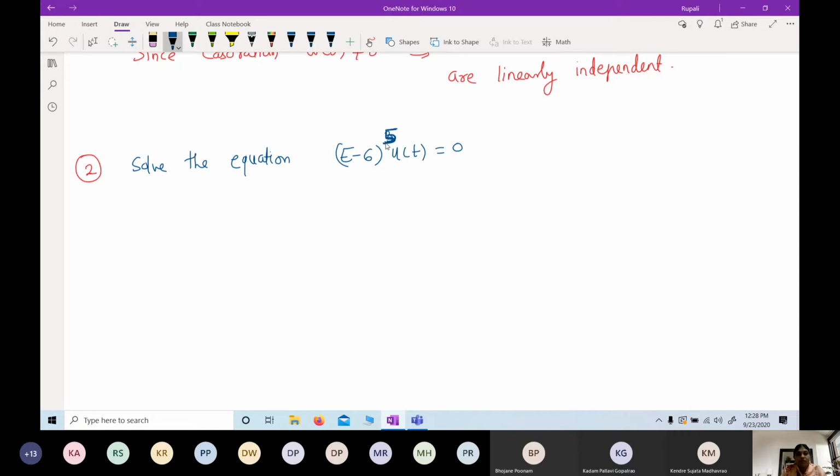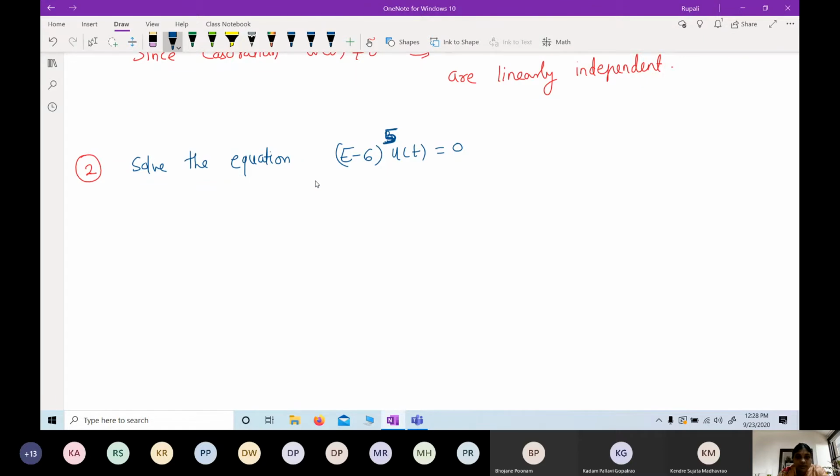What is the order of this difference equation?